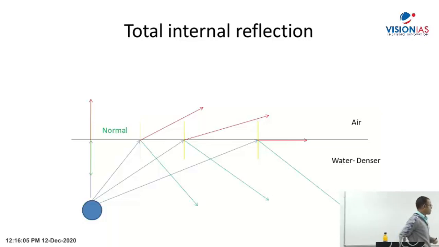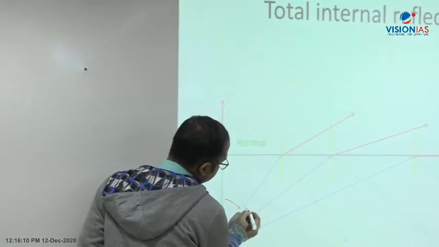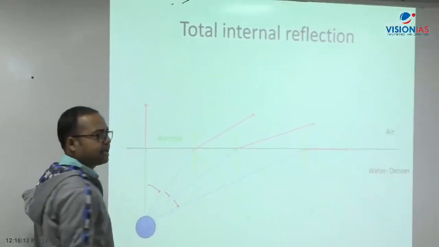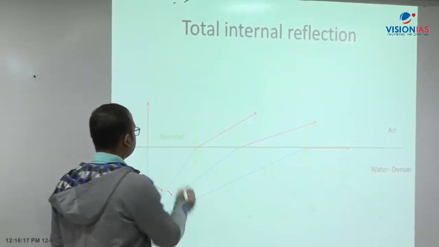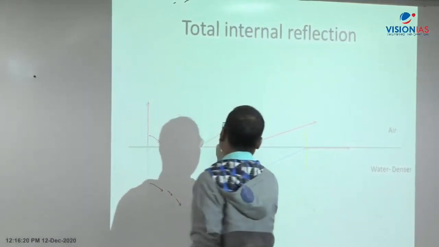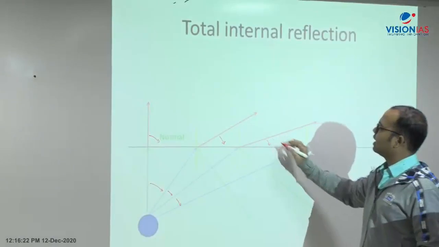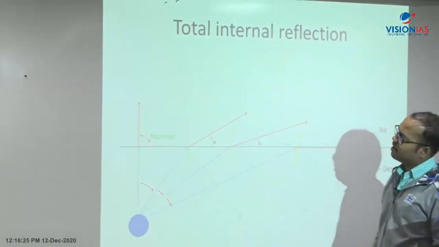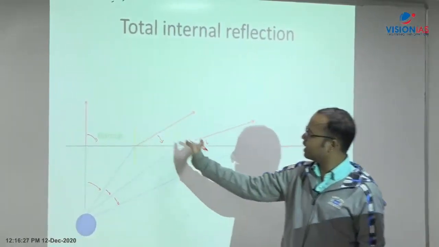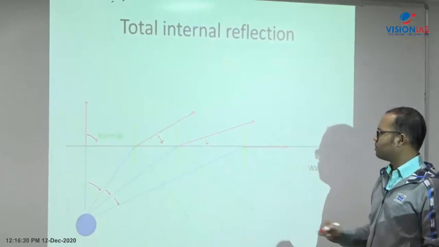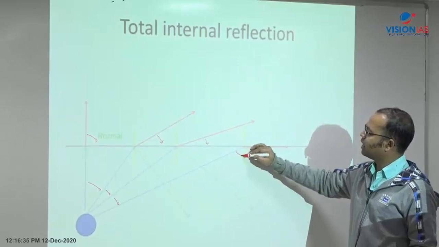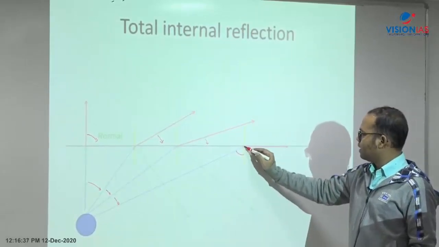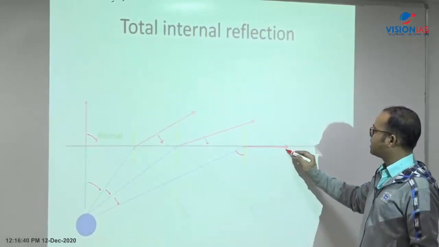Try to appreciate this. As I am inclining or slanting my incident light, similarly my refracted ray is also getting inclined, and a time comes that for a particular angle of incidence, the refracted ray coincides with the medium interface.